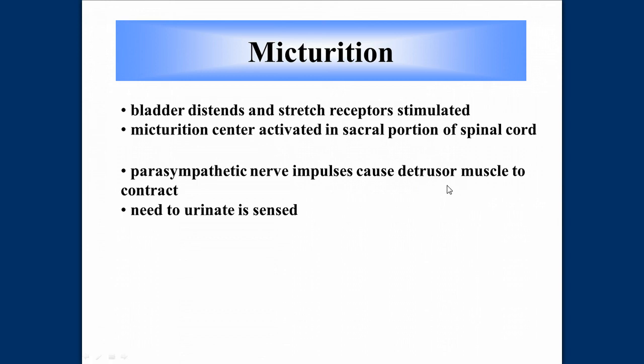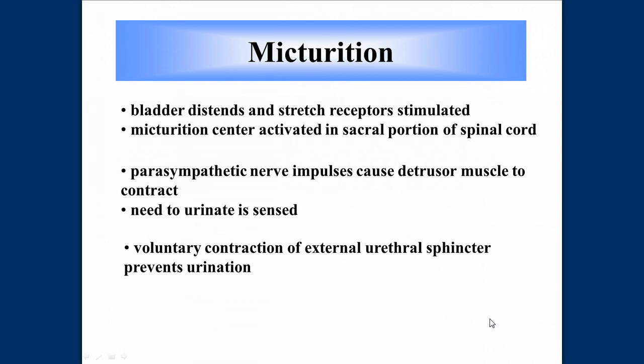Then nervous information is sent to the brain, and the need to urinate is sensed by the cerebral cortex. Voluntary contraction of the external urethral sphincter prevents urination.